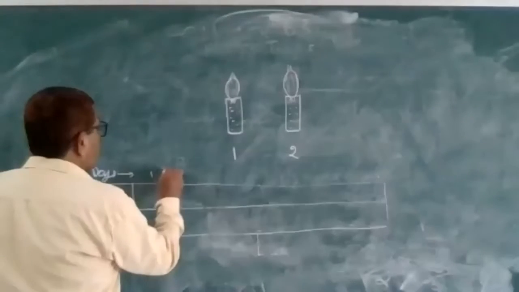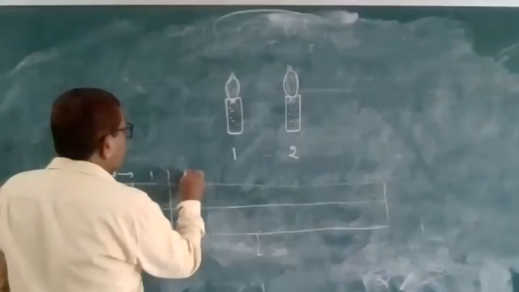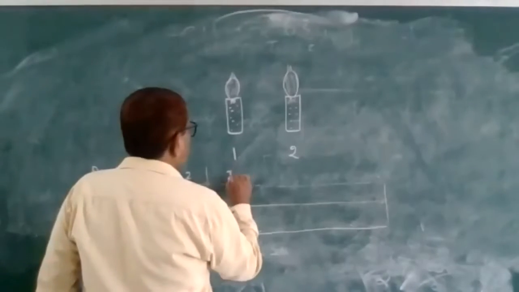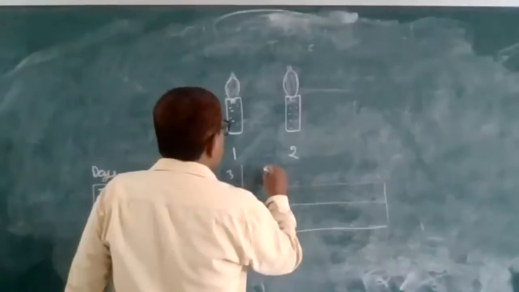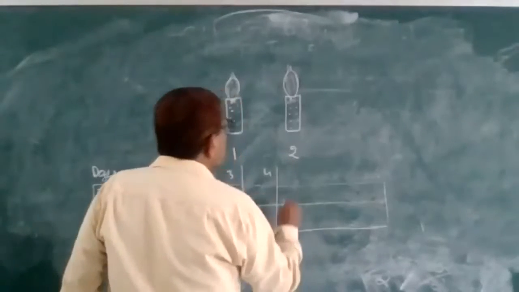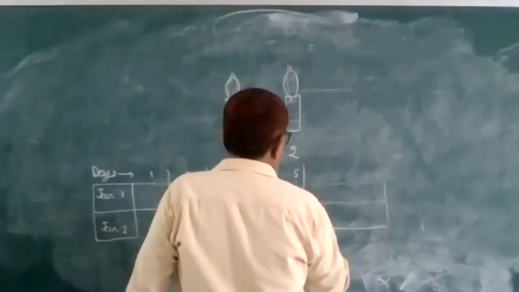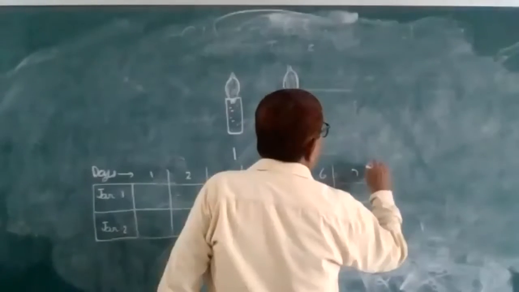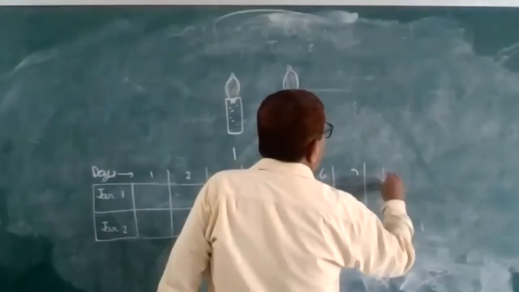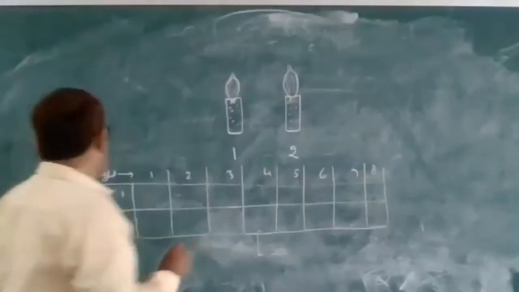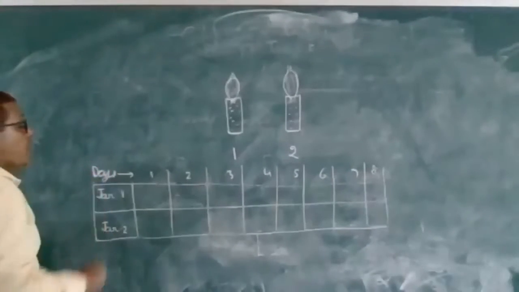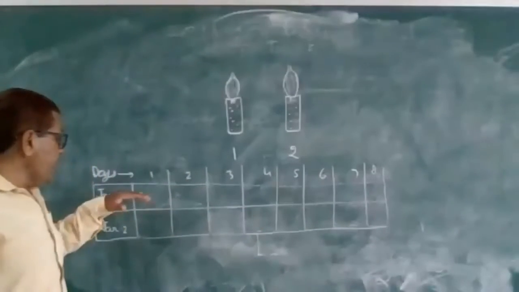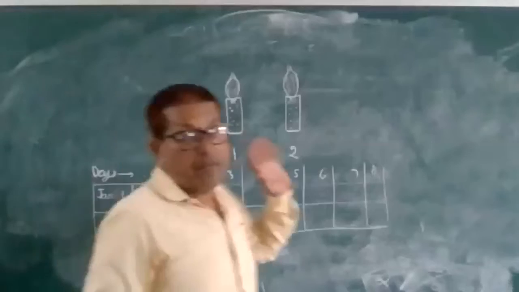This is first day, second day, third day, fourth day, fifth day, sixth day, seventh day, and eighth day. This is column. This is days. Understanding? And downside jar A, jar B.